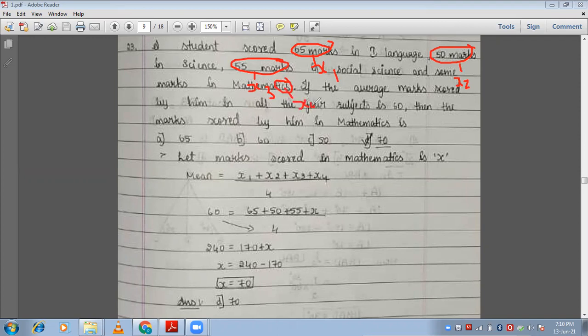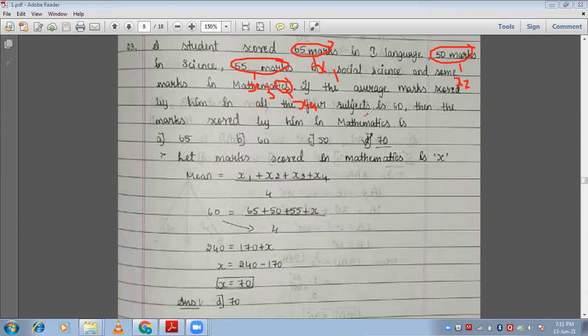So the sum of all the numbers, all the subjects here. Mean equals x1 plus x2 plus x3 plus x4 divided by the total number of terms. How many subjects are there? 4 subjects. So divided by 4.